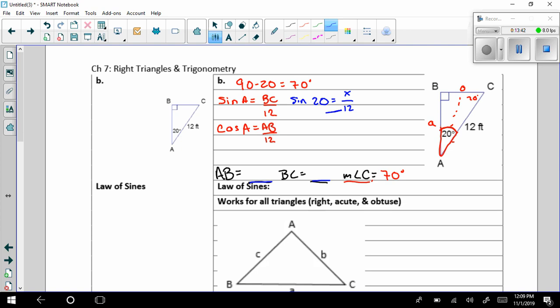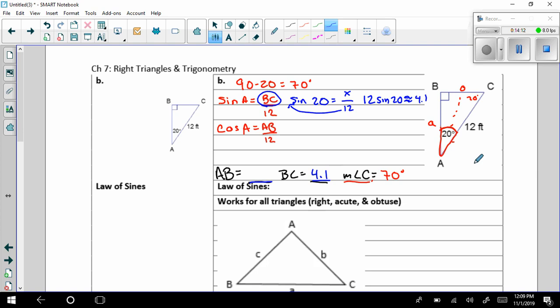So I multiply this over, and I have 12 times the sine of 20. And I type that into my calculator. A lot of this is calculator work. Make sure you're set up in degree mode. And I get approximately 4.1. So BC is approximately 4.1.